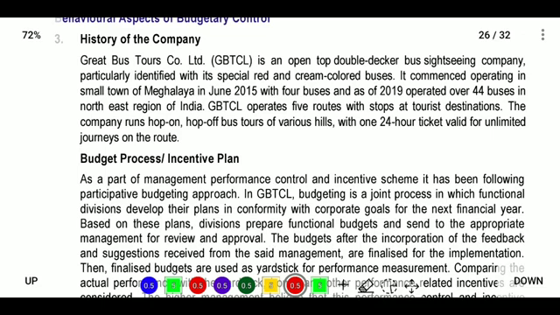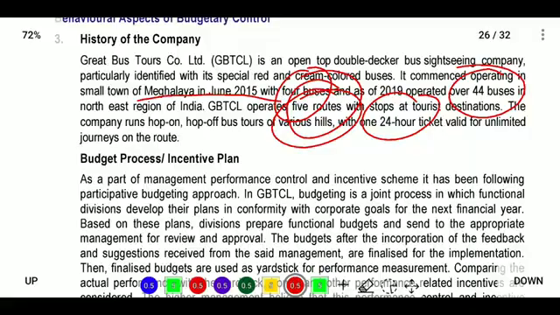It commenced operating in a small town in Meghalaya in July 2015, started with 4 buses. Next, it operated over 44 buses in Northeastern India. It has 5 routes with stops at tourist destinations, and the company runs hop on hop off service 24 hours, in a hilly area, with a 24 hour valid ticket and unlimited journeys on the routes.